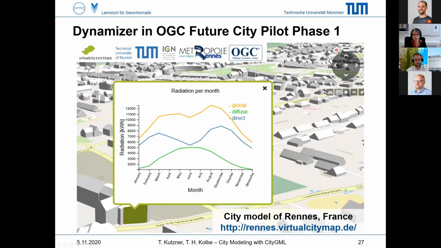And then also using this dynamizer, we can represent these simulation results with the city model. So here is an example from a project we had. When you click here on the wall, then the radiation is shown for every month.